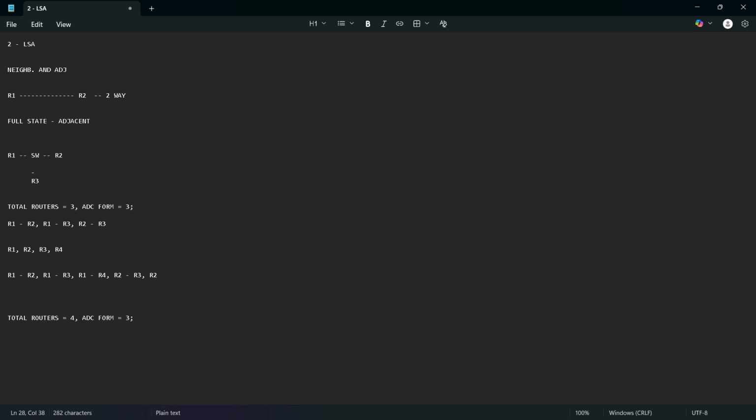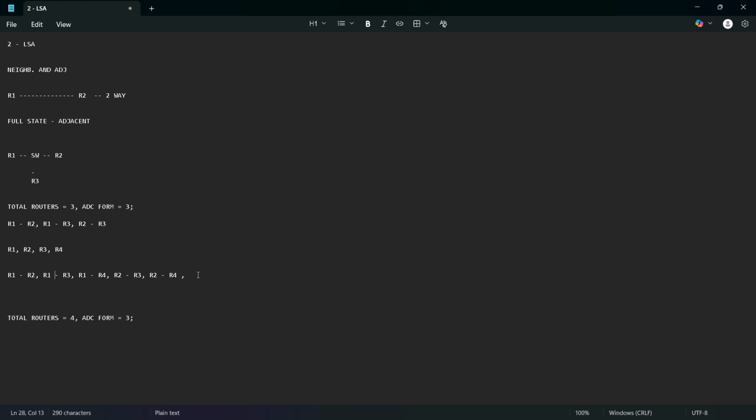R2 will make its adjacency with R4. So far, how many adjacencies do we have? 1, 2, 3, 4, 5.